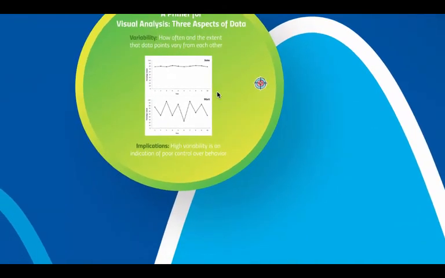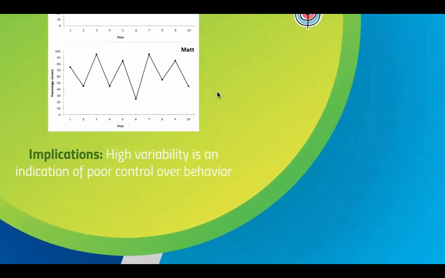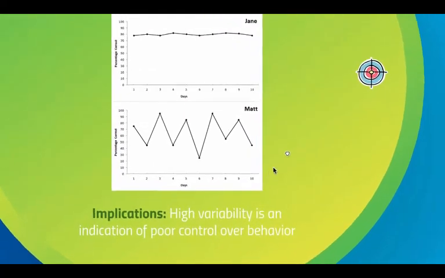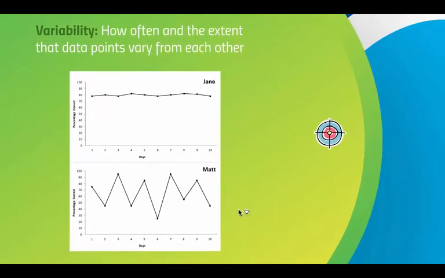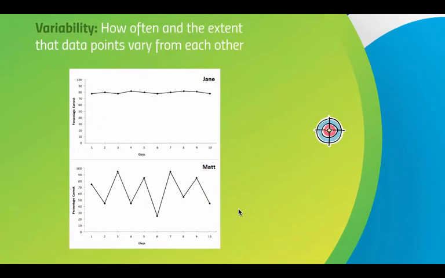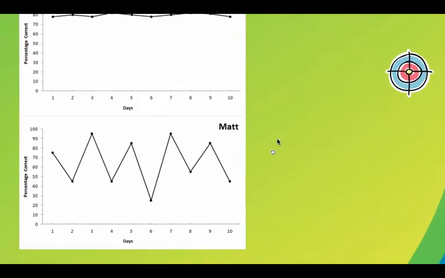If you have variability in performance, then it's an indication of poor control over behavior. Sometimes you see variability in performance from one day to the next, even with just you as a registered behavior technician working consistently with the individual. Other times it can be variability because of various people working with the individual. So let's take Matt again by way of example.